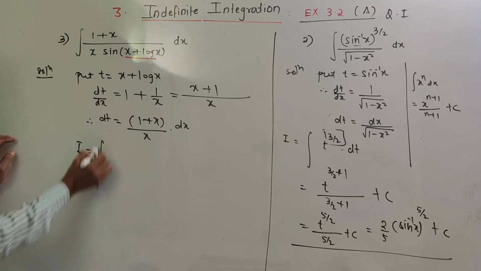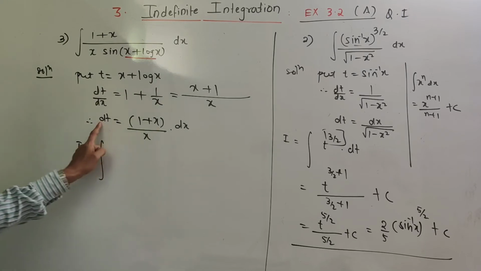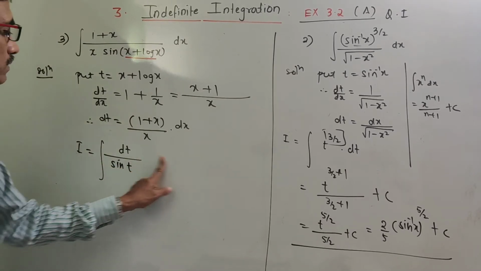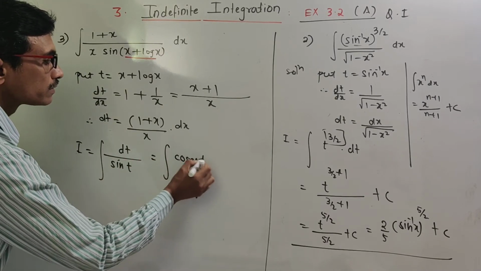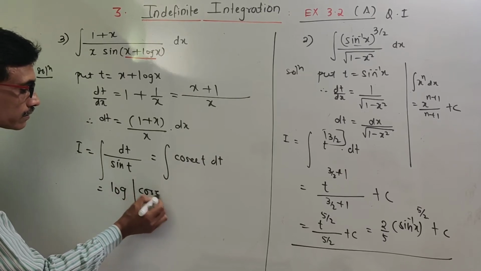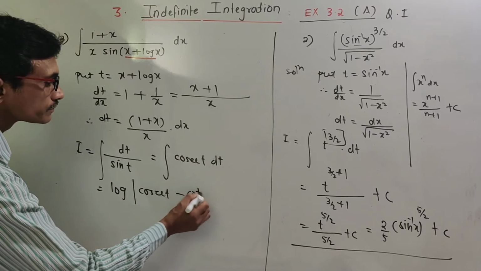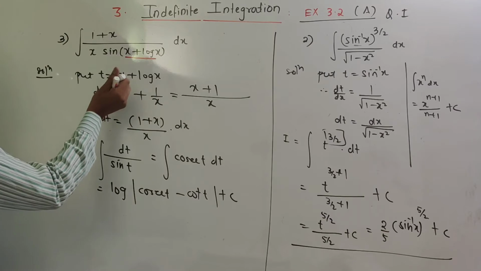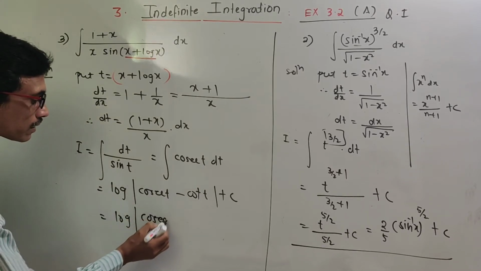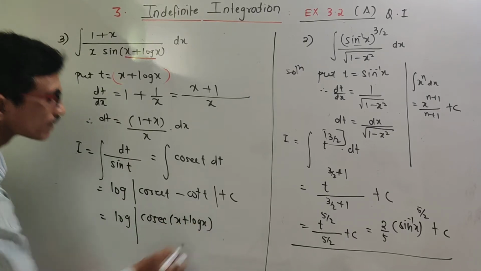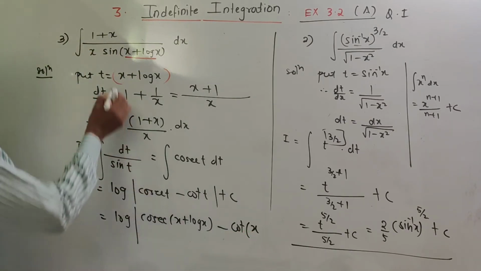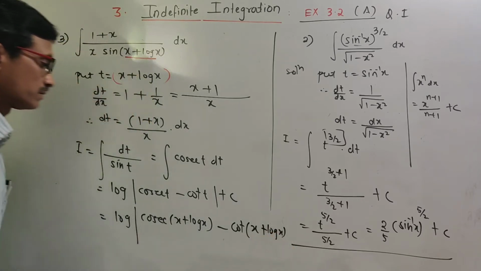Then given integral I will be equal to 1 plus x upon x dx, that is equal to dt upon sine of t, but 1 upon sine t is equal to cosec t, integral of cosec t dt, and we have formula for cosec t, that is log of cosec t minus cot t plus c, where t is equal to this x plus log x, so that we substitute here: log of cosec of x plus log x, minus cot of x plus log of x, plus c.